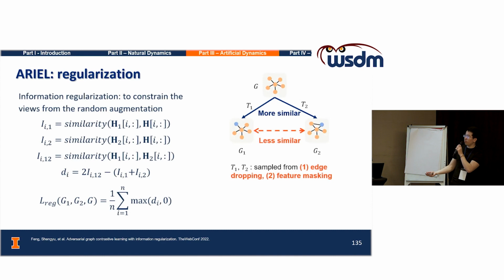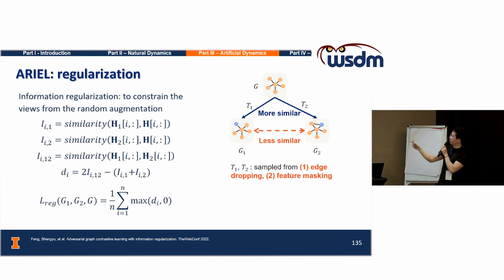And how do we measure that they are not too similar? Our core idea is that the similarity between the two views G1 and G2 should be less than the similarity between the given graph G and any of its augmented views.